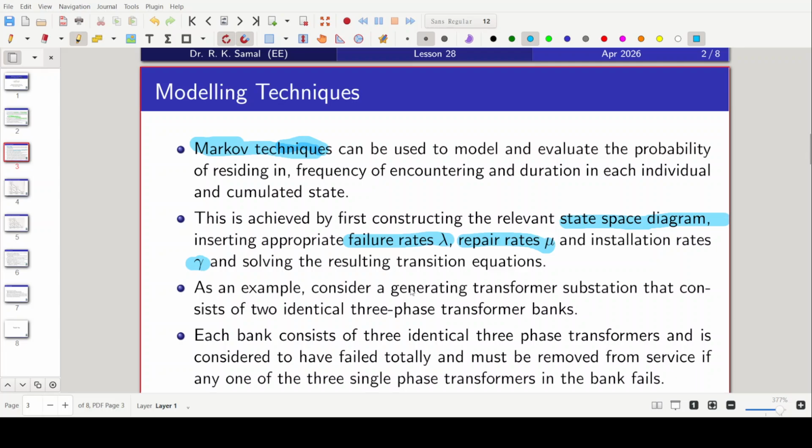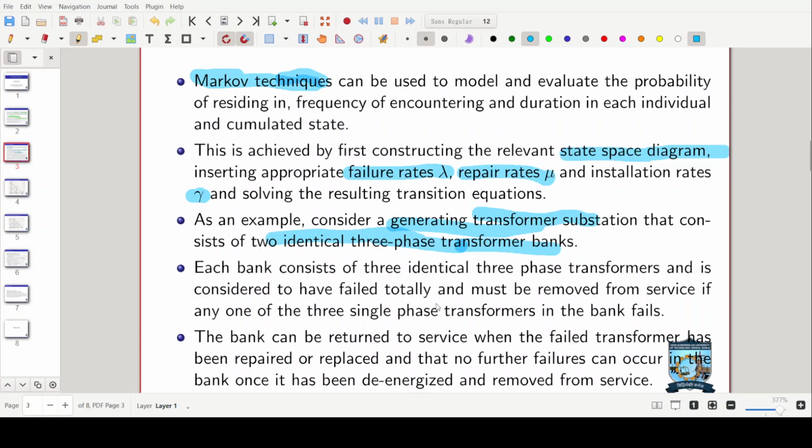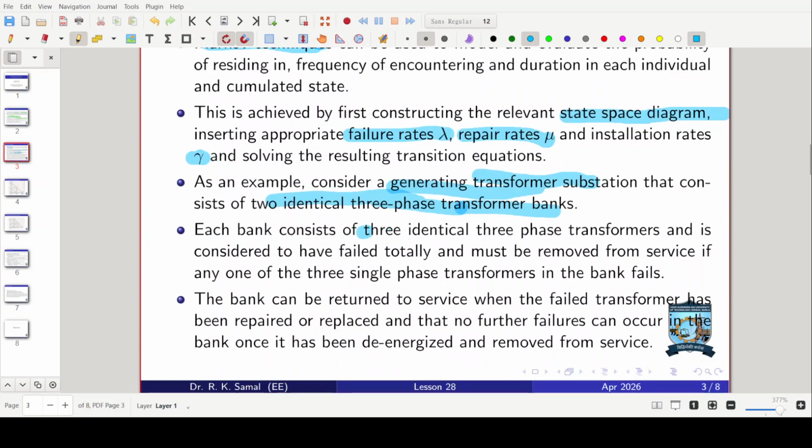As an example, consider a generating transformer substation that consists of two identical three-phase transformer banks. Each bank consists of three identical single phase transformers. This is not three-phase, this is single phase.